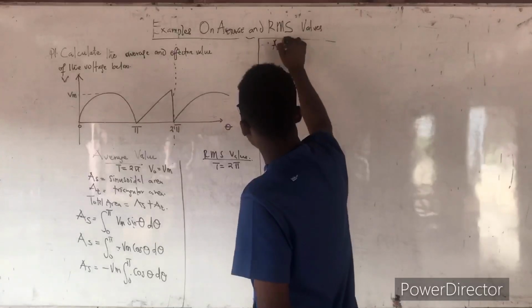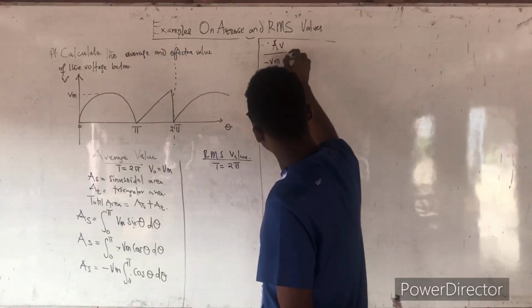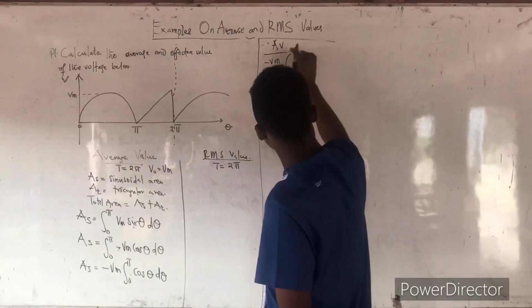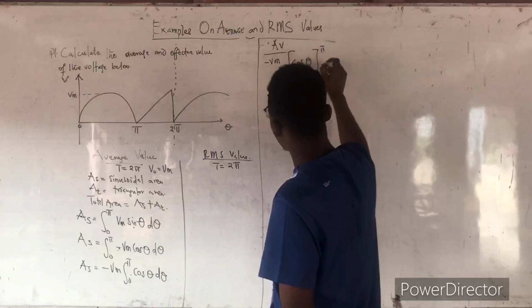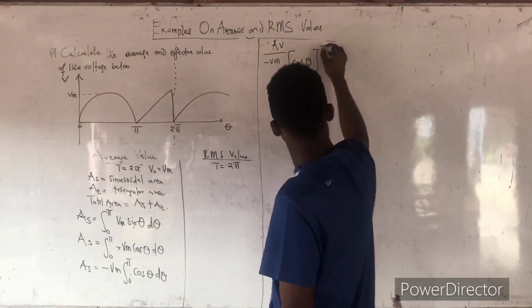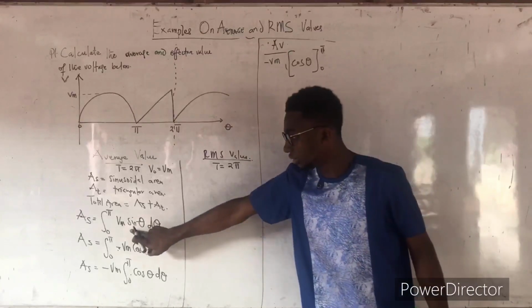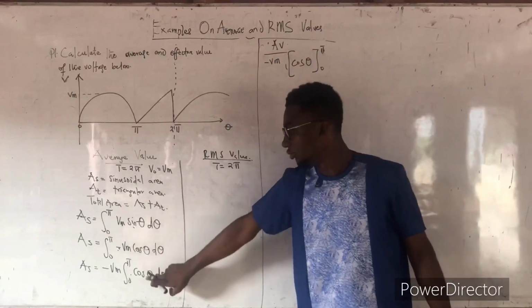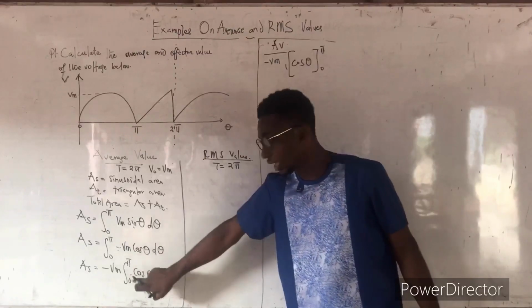So you are still finding the average value on this side. So you can change this straightforward to minus Vm cos theta, and you put in the limit 0 to pi. So now when we integrate sine theta, you get a negative cos theta. That is why I have the minus cos theta over here.